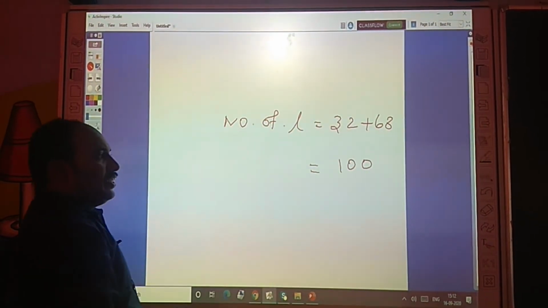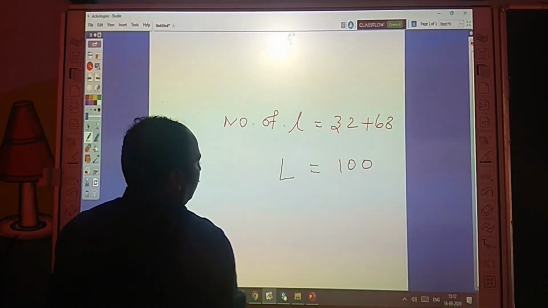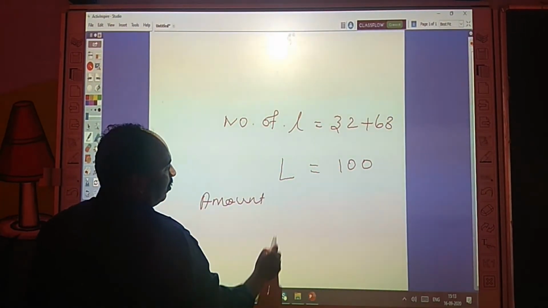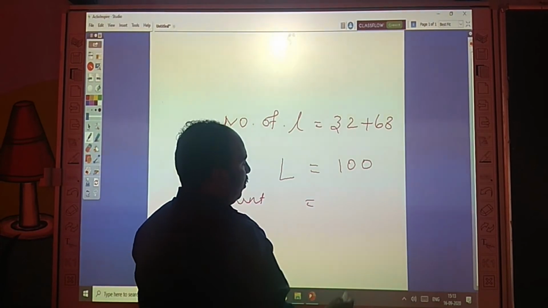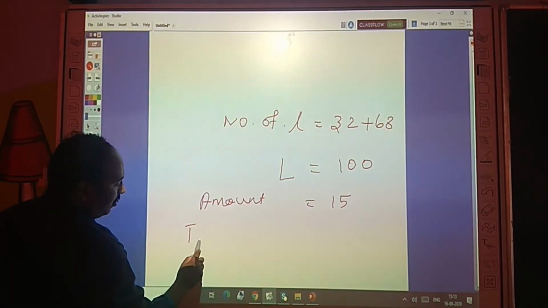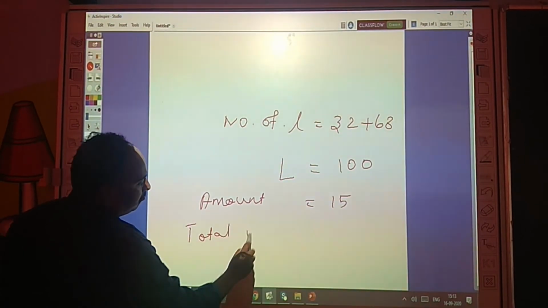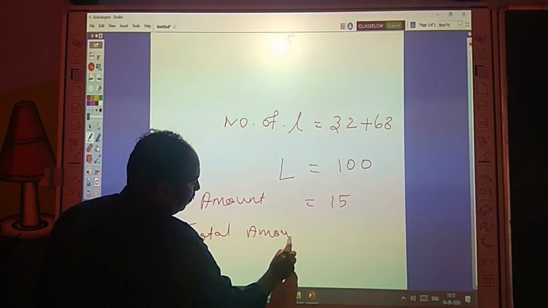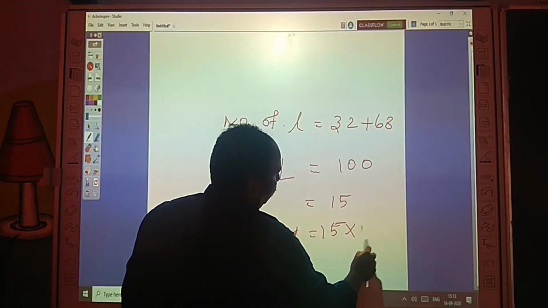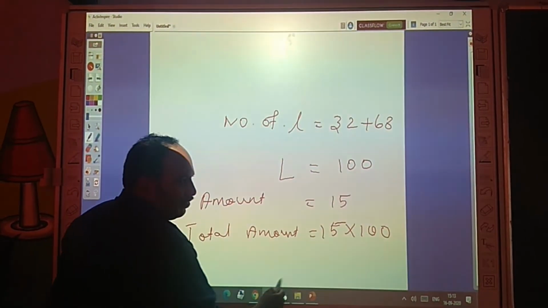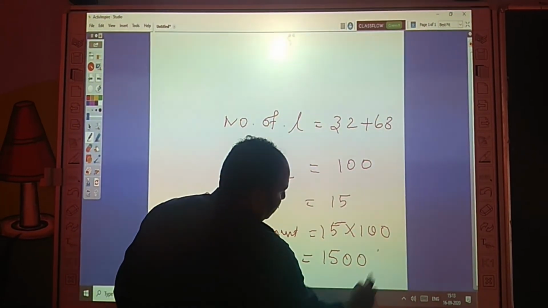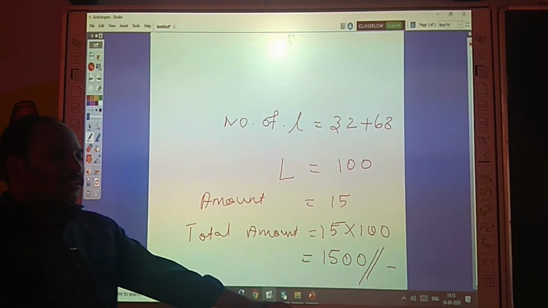This is the number of liters, and the amount per liter is rupees 50. The total amount of milk is equal to 50 into 100, so 5,000 rupees.